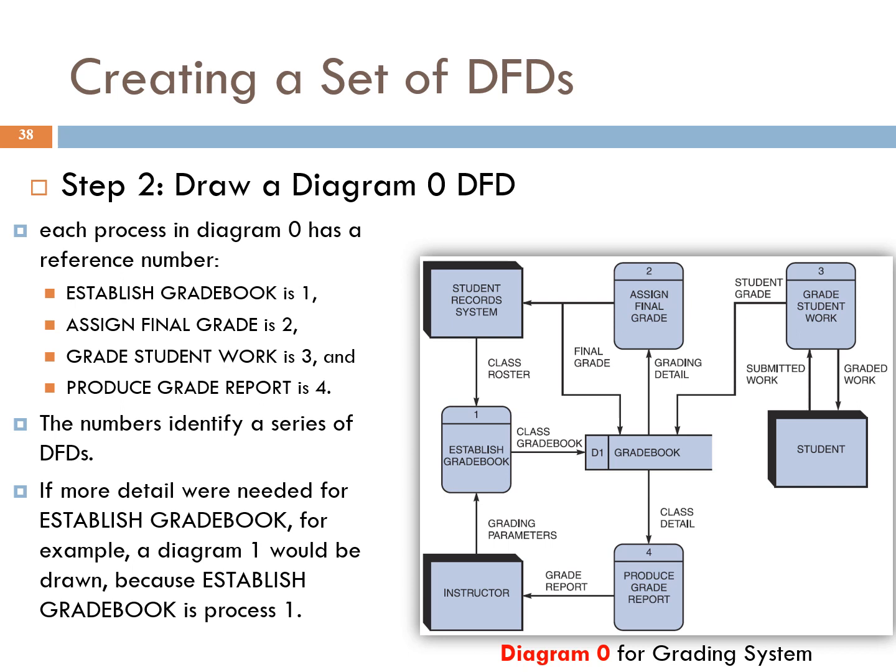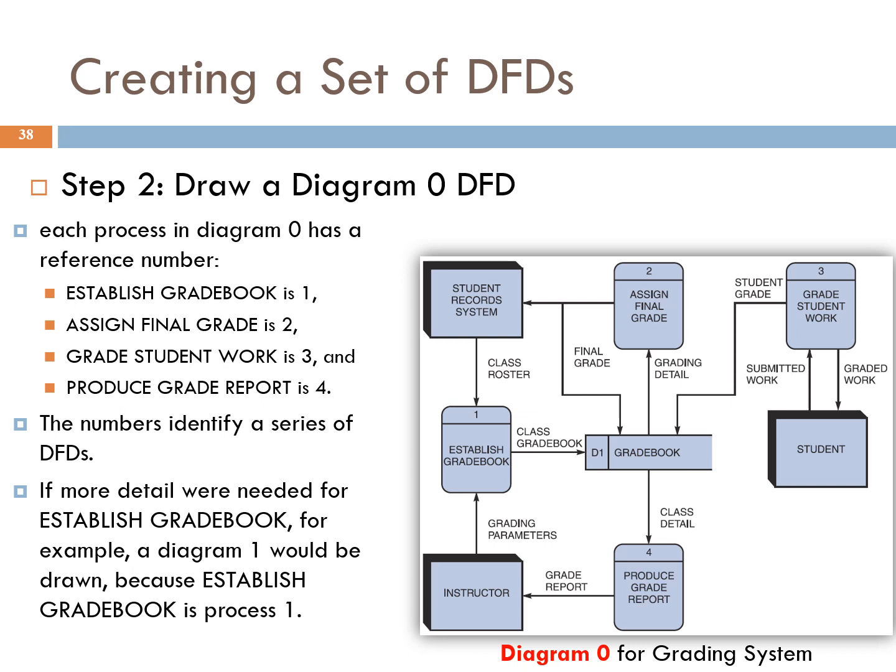For example, here we have diagram 0 for the grading system. So we have process 1, process 2, process 3, and process 4 with the names of the processes and the numbers of the processes. The number can identify a series of DFDs on its own. You can zoom, then you can produce more DFDs.